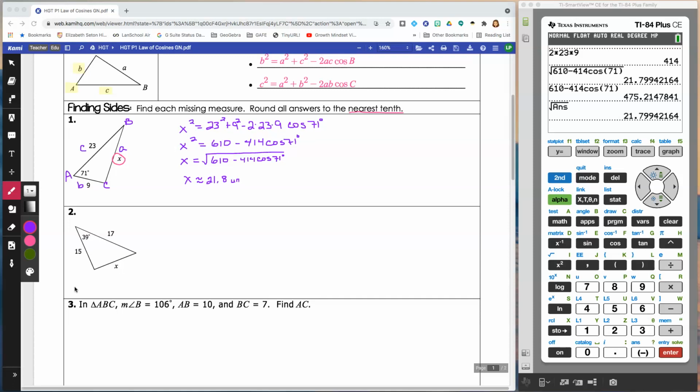And I'm going to, again, label my angles just to help me as far as filling in the information in my formula. So I'll call this angle C, this one angle A, and this one angle B. And note, it really doesn't matter what you call the angles.